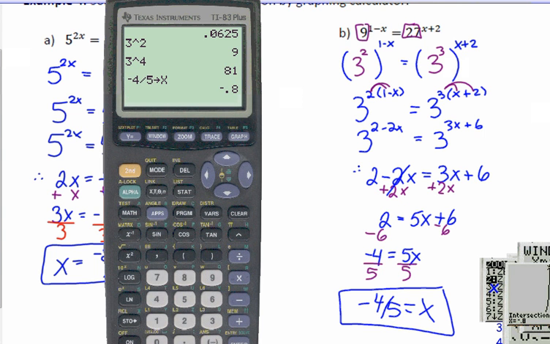And then when you do your check, instead of having to type in negative 4 over 5, especially if it's a fraction that's ugly, I can go 9 to the power of 1 minus x should be equal to 27 to the power of x plus 2. Way easier to check when it's an ugly number. Beautiful. You could just store it as a different number. So I can go 5 store x, and now it's a 5.